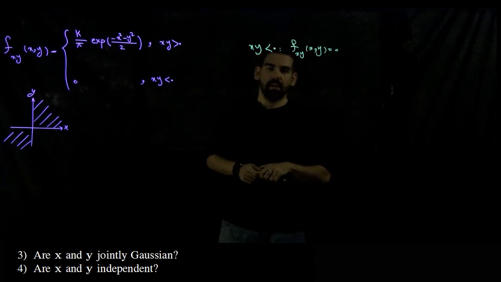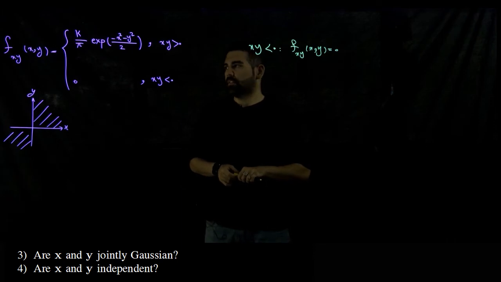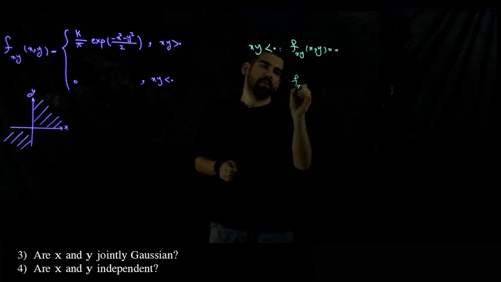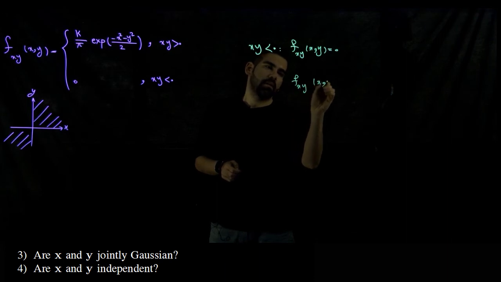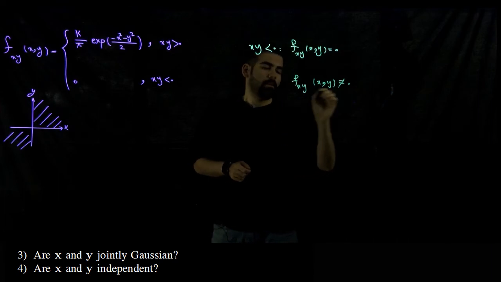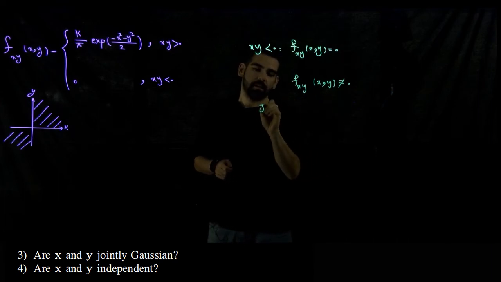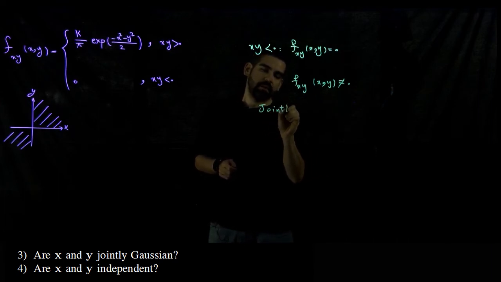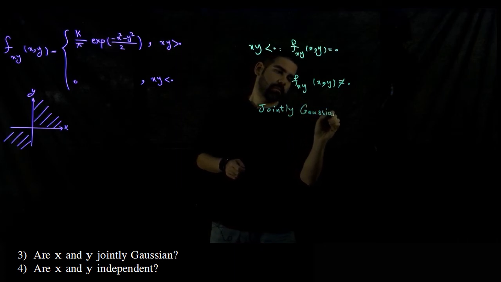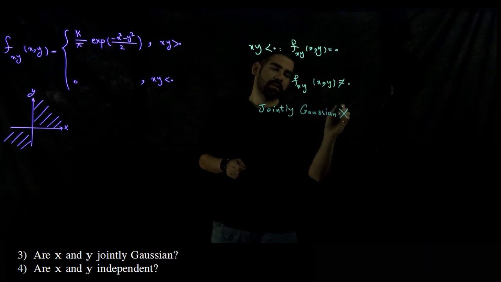But for jointly Gaussian random variables, we know that over the whole xy plane, fxy is non-zero. So jointly Gaussian does not hold for x and y.